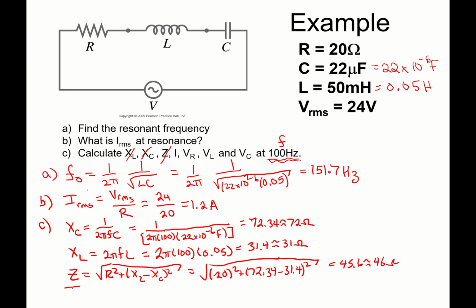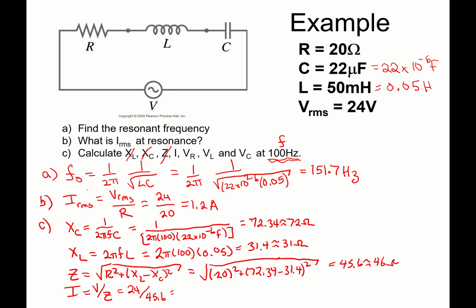What's I? I is V over Z. So my V is 24, and my Z is 45.6.